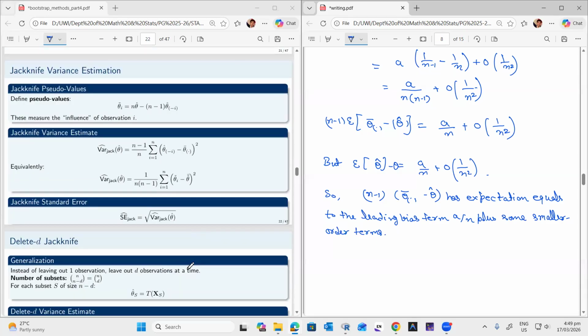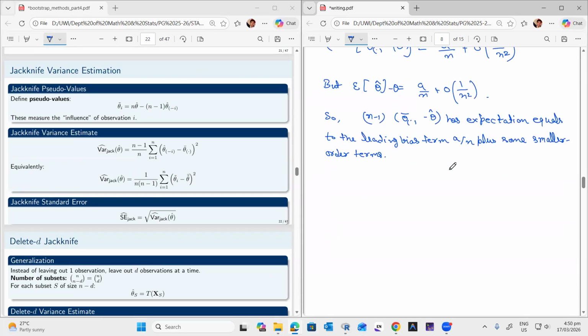Okay. So after that we have the jackknife variance. So we define the pseudo value. The pseudo value that we have defined here is theta curl i equals n theta cap minus n minus 1 theta cap leave out the ith observation.